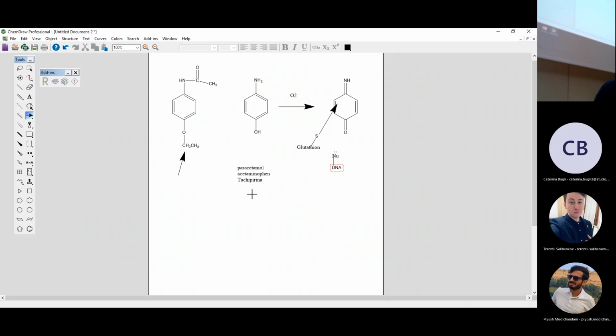Medical doctors found a nice activity. And when the second chemist came back again to the lab, he said to the first chemist, have you finished the reaction? The compound was ready? No, it was not ready.